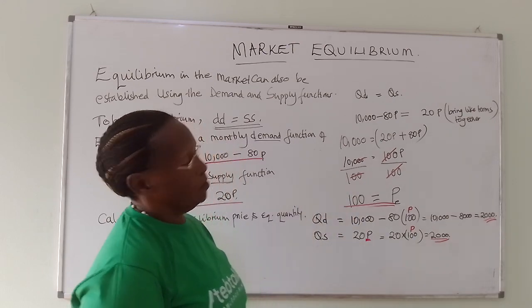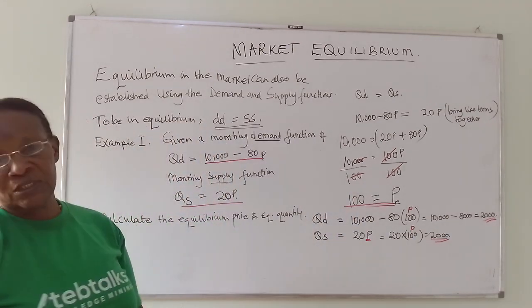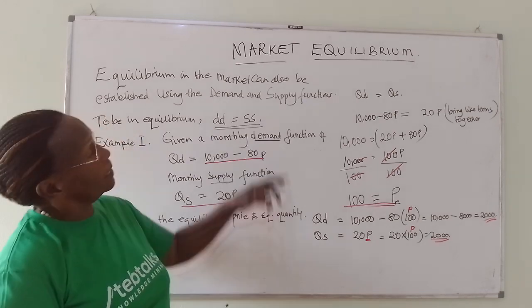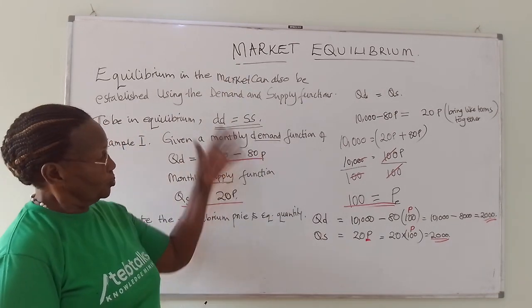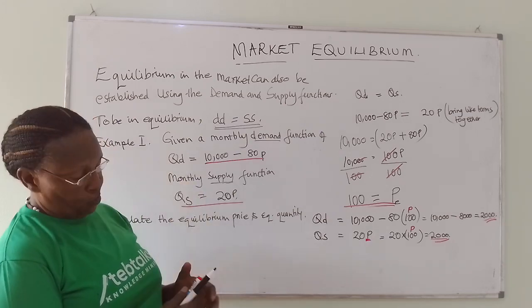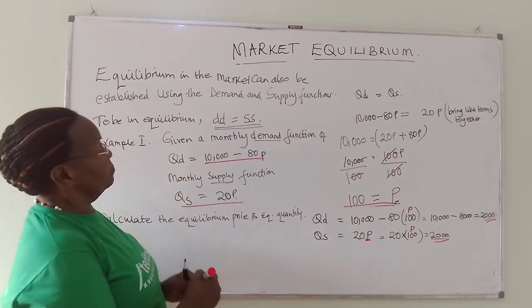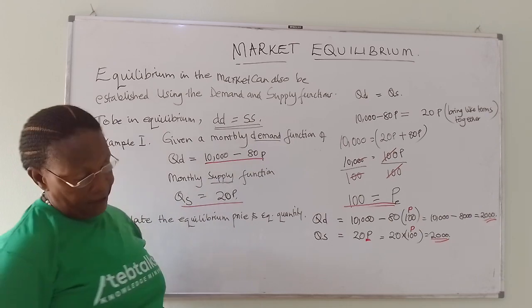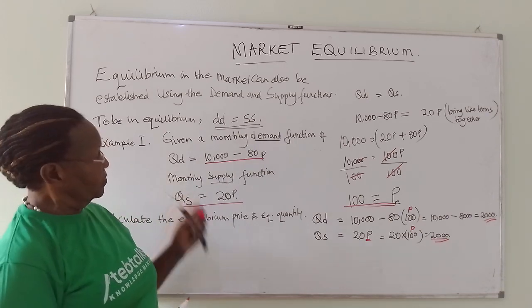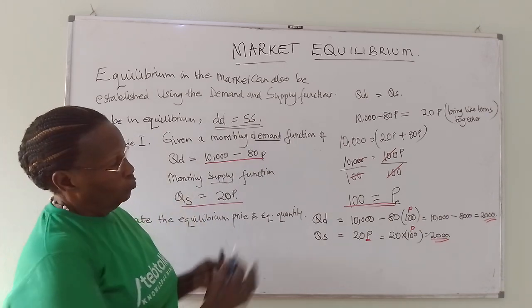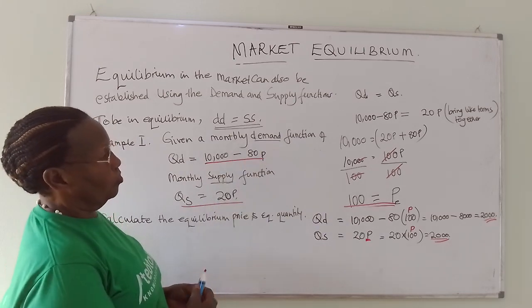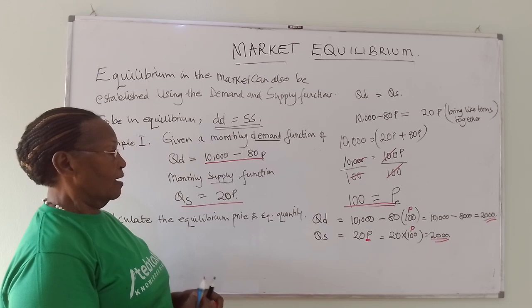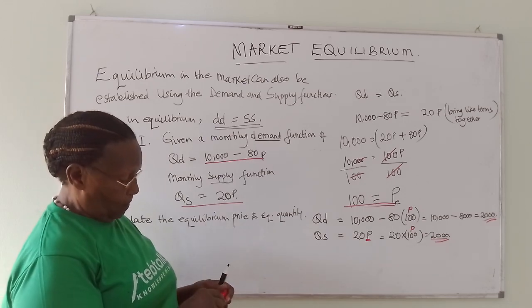Both demand and supply are equal at what? At the equilibrium price. So other than using an illustration to strike market equilibrium, we can also use calculations once we are given the information. Always remember that we get an equilibrium where demand is equal to supply. So whatever figures you have been given, equate demand and supply, bring the like terms together and then strike your balance.